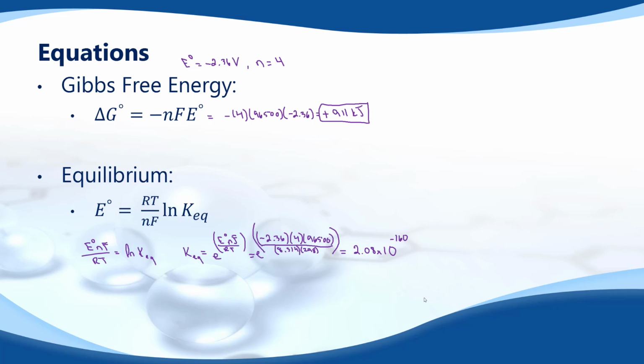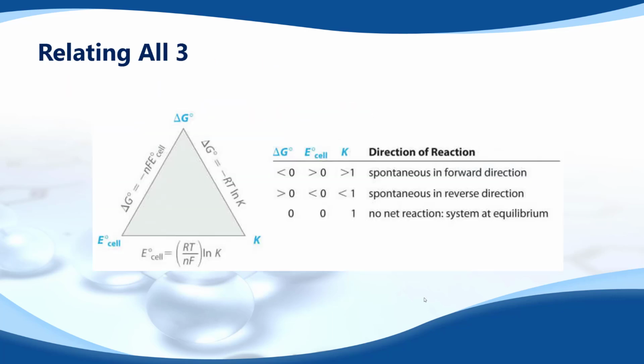So just to give us a little bit of a review and kind of connect all these things together, because way back when we talked about Gibbs free energy and equilibrium constant, I gave you the equation that's in the upper right-hand side of the triangle. Right, so those three equations allow you to convert very easily between any of the three values. We just also need to keep in mind conceptually that a spontaneous reaction has a negative delta G, positive E, and K greater than 1.